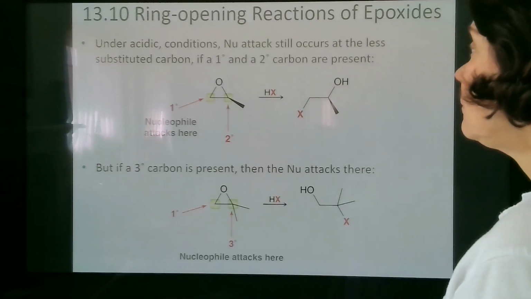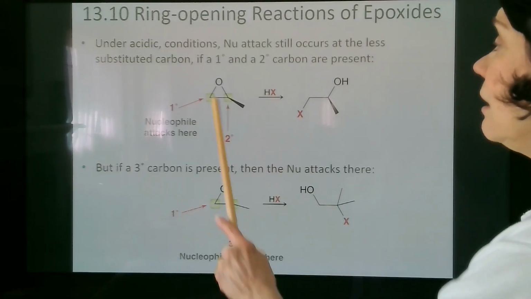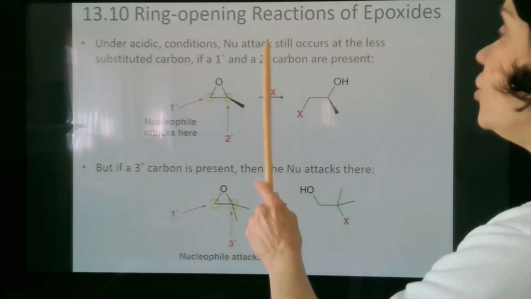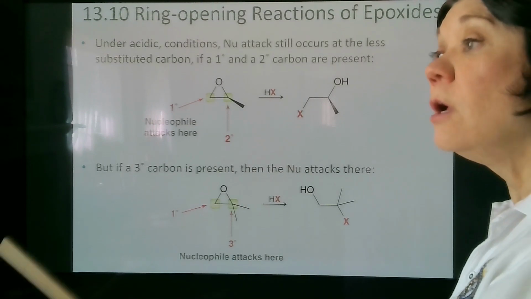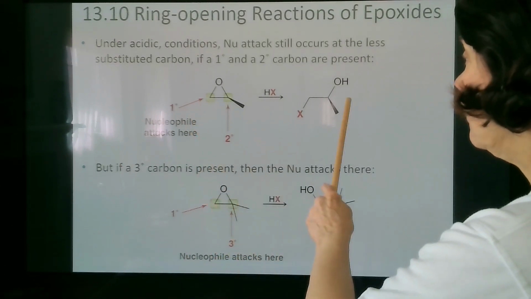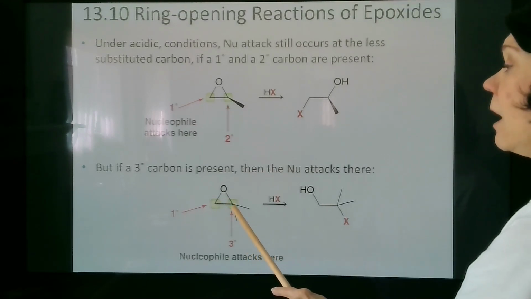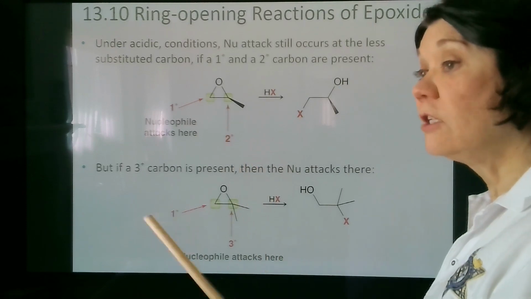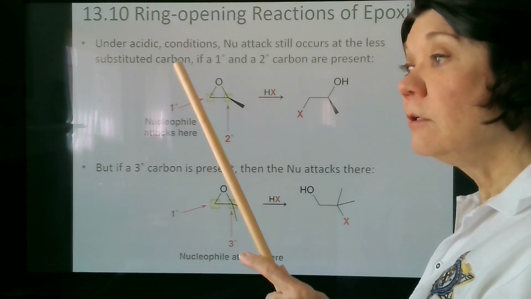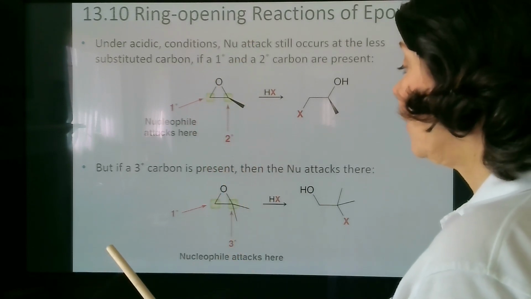And so under acidic conditions, the nucleophile, if it has a choice, still attacks the less substituted carbon, just like under neutral or basic conditions, unless you have a tertiary carbon. And if you have a tertiary carbon, that trumps everything under acidic conditions, not neutral or basic conditions.